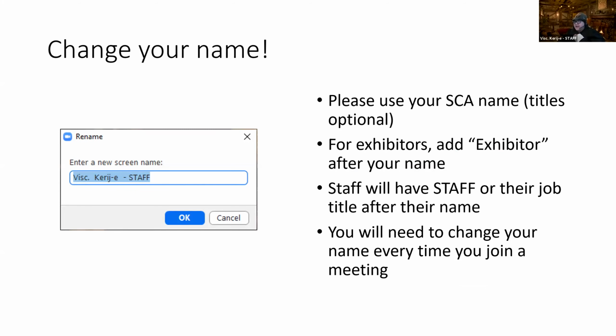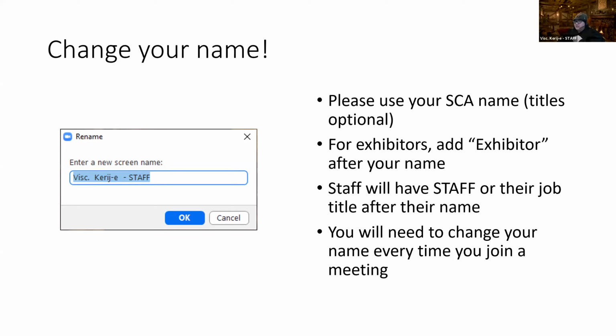We're asking during Athenaeum to please use your SCA name so we'll know who you are, and any titles that you want to use, that's fine. For exhibitors, we ask that you please include the word exhibitor after your name so we know who's exhibiting. Staff will have the word staff after their name or their job title, so you'll be able to figure out who to go to for help.